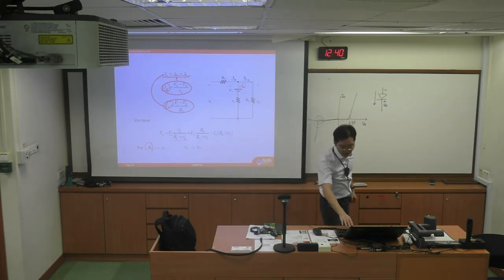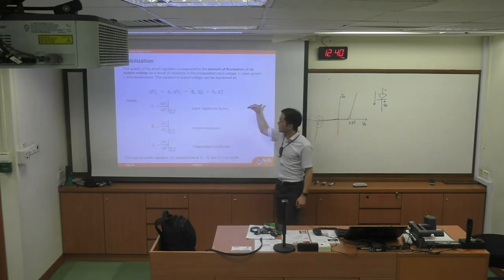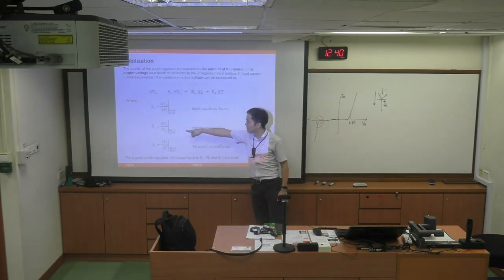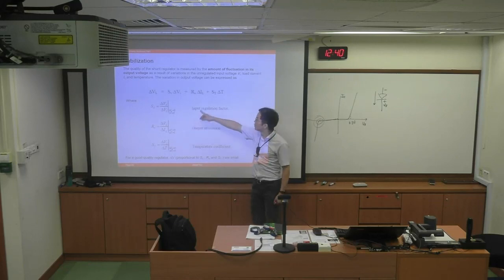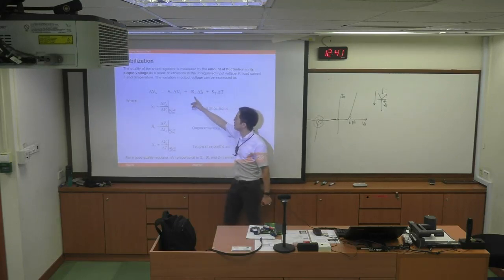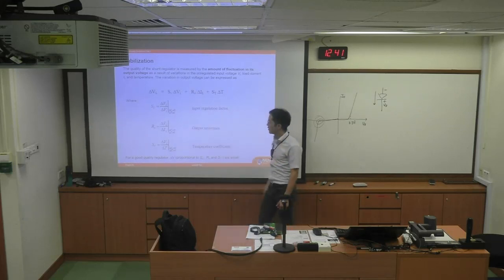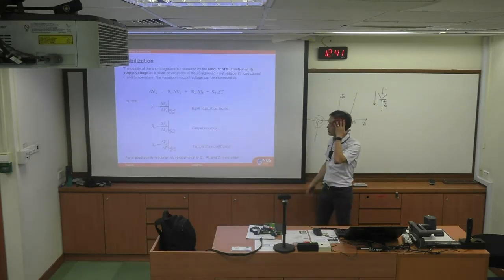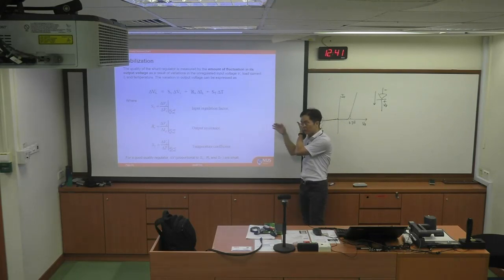So under that IL fluctuation, how well you are maintaining the output level, that is with respect to the delta IL. So you take the partial derivative with respect to IL, these two are constants, they go away, then R naught is the output resistance, which denotes how well you're regulating the output with the change in the load resistance.